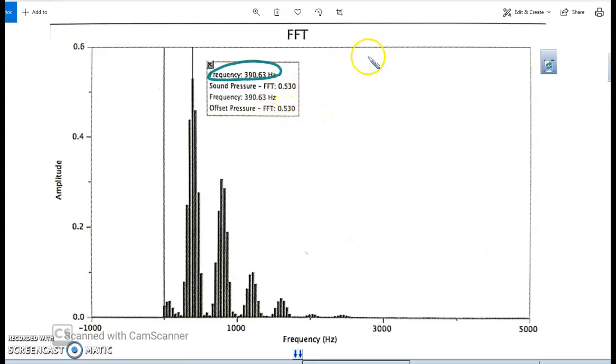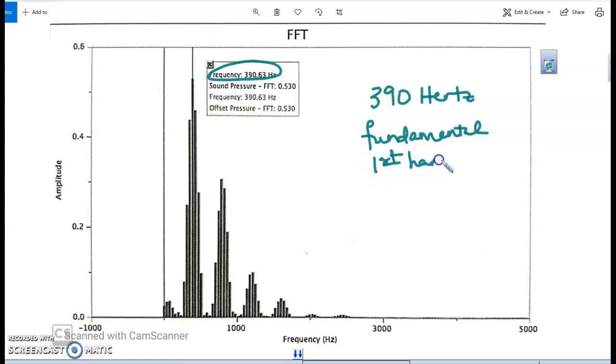So what we're going to do here is an average of those two. We're looking at about 390 hertz for the fundamental, the first harmonic, for a tube or a pipe open at both ends.